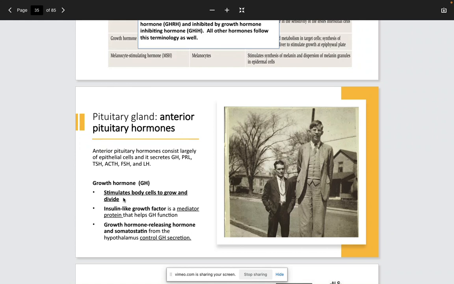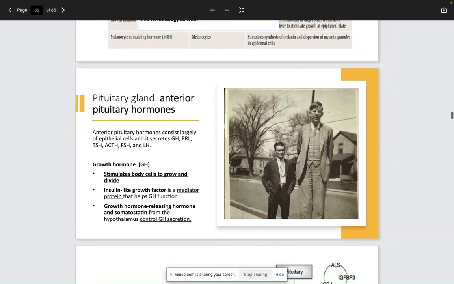When growth hormone is secreted and goes to its target destination, it also causes the release of something called insulin-like growth factor, and that's a mediator protein that helps growth hormone function. And again, this is just another point to show you that growth hormone, while it's released from the pituitary, is controlled by the hypothalamus.